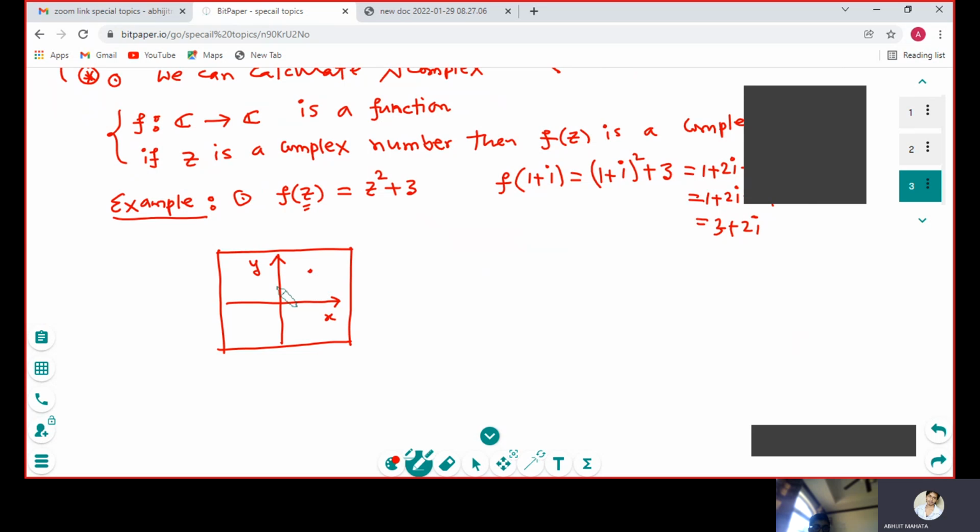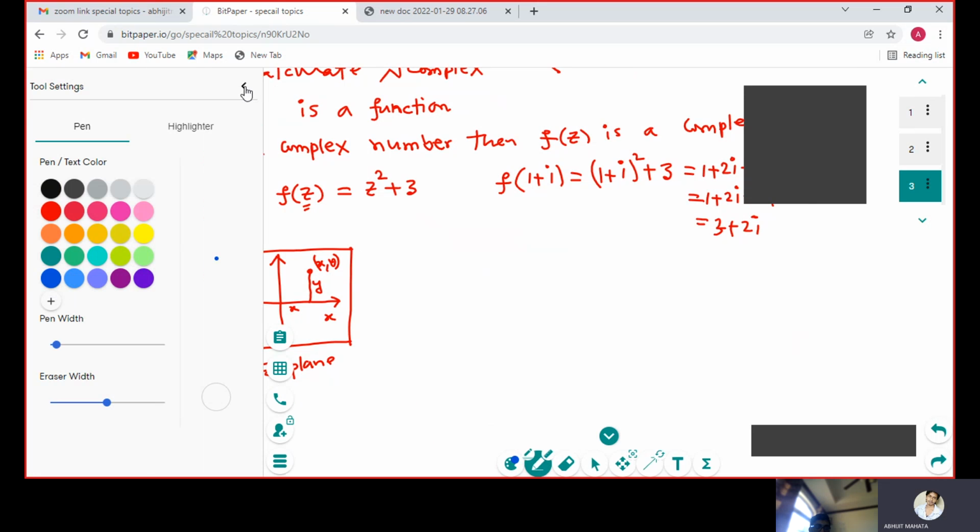Geometrically, if I give you a complex number, let's say z equal to x plus iy, you can think of this point as x comma y, right? This is the x distance, this is the y distance. This point you can think of as x plus iy. This is called the z plane, and the range we call the w plane.